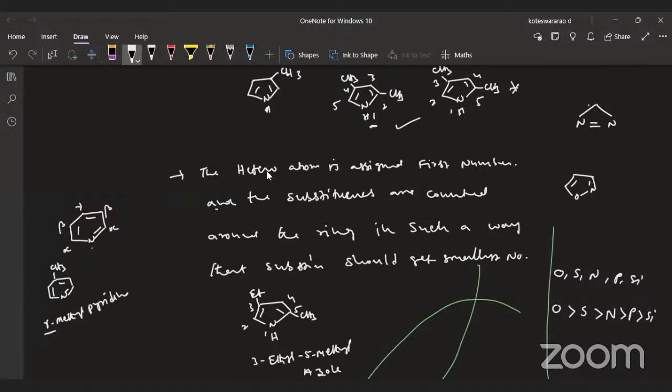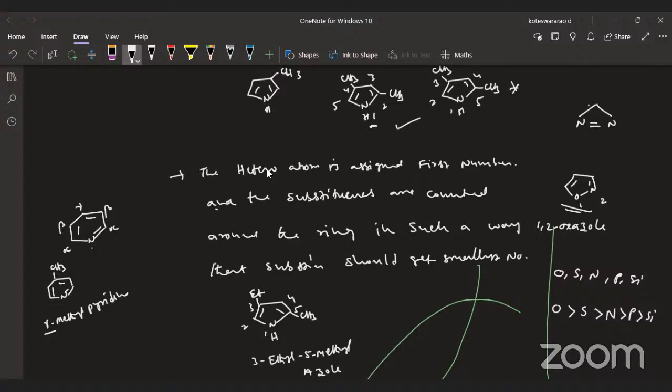For example, for this compound, what is the name? In the priorities, oxa is the prefix, and this is azole: oxazole. You can also indicate the numbering: 1 oxa, 2 azole, that is 1,2-oxazole.